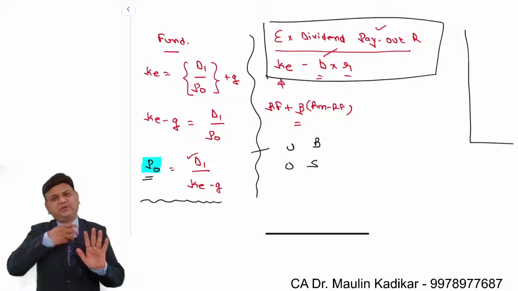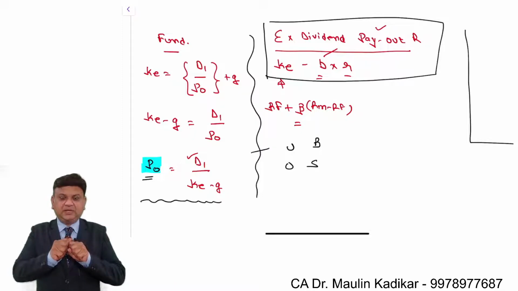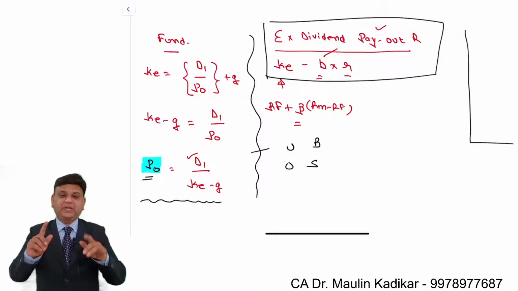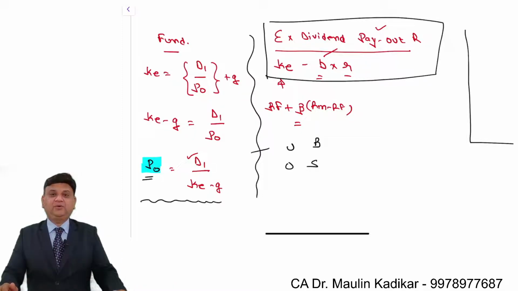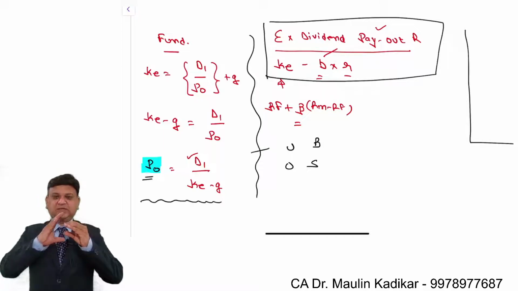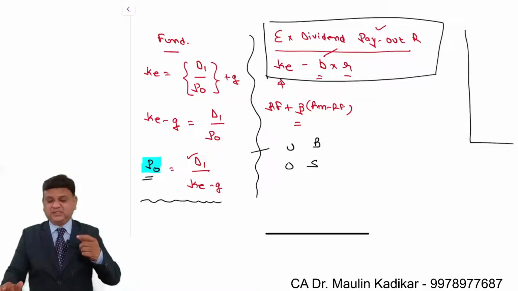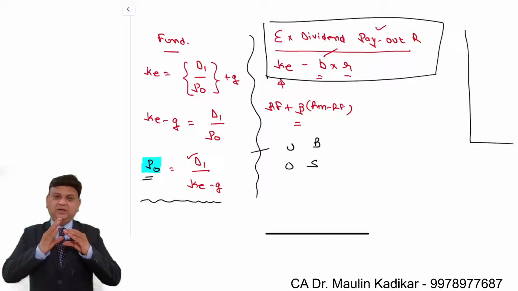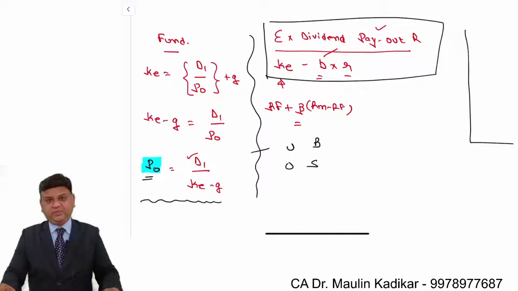Like that, there are a number of methods by which we compute the price, and based on that, the current price is calculated. That price is compared with the actual price to decide whether the security is underpriced or overpriced.